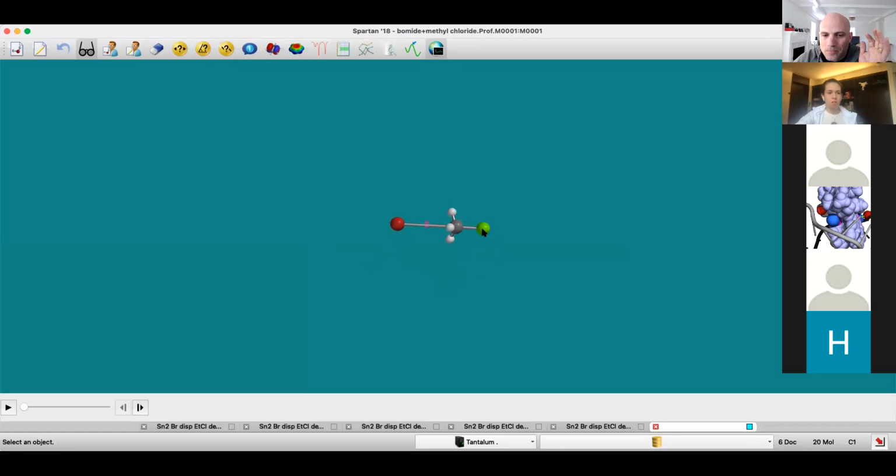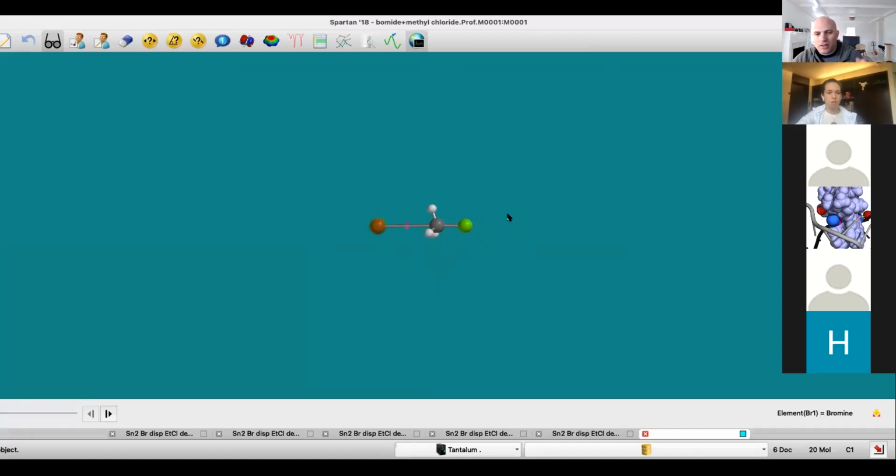Okay, so here's our chlorine. That's our leaving group. Here's the methyl carbon. So all together, that's our substrate. All right. And here's our bromide nucleophile. Okay. So it looks like there's a bond to bromine, but this is actually just the software keeping track of everything.